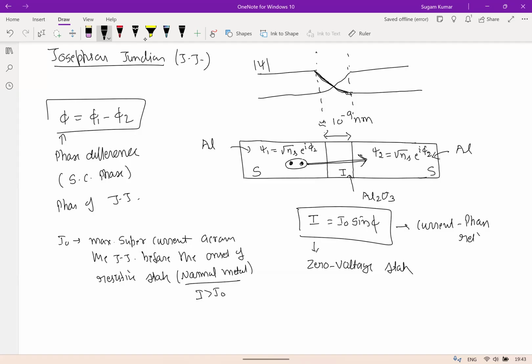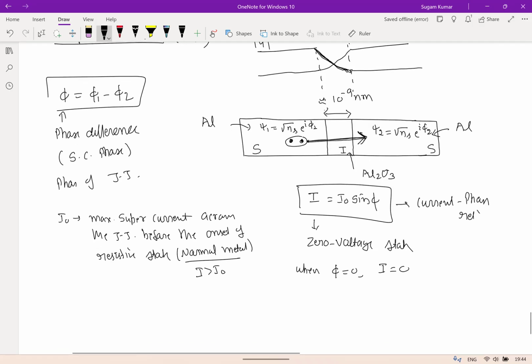So if you go a little bit further deep into why these charges are flowing, the cause is because of the phase difference. You can see when phi is 0, I will be 0, no current is flowing.